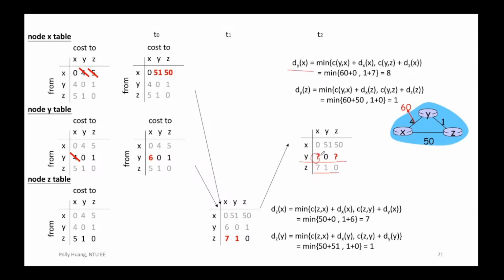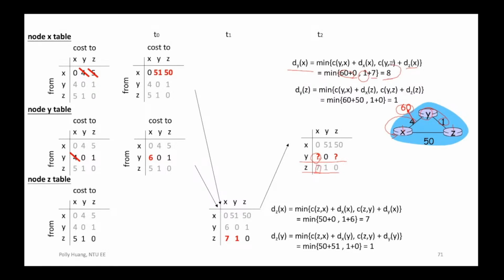Let me bring up the result. dyx, this value here, is going to be 8. Let's look through it again. From y to destination x, through neighbor x and neighbor z. Link cost 60, link cost 1, link cost 60, link cost 1. The xx is 0, and the zx, look up the table, z's x is 7.